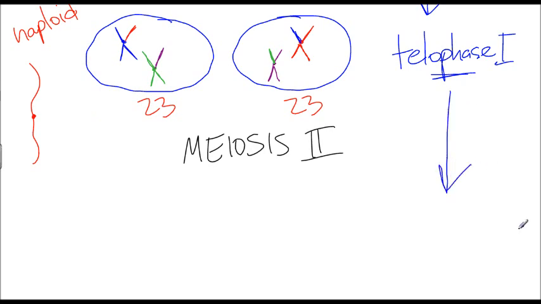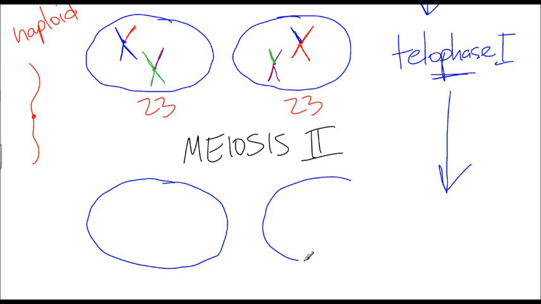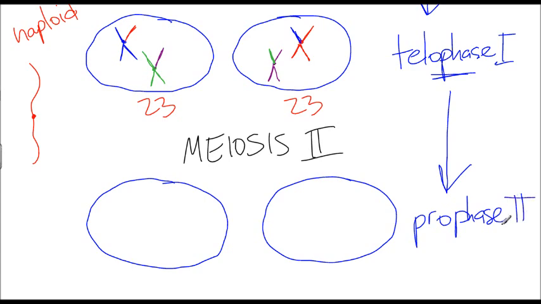And more importantly, we are going to be entering into what we call prophase 2, in which we've got the double-stranded chromosomes, and it's not really much different.